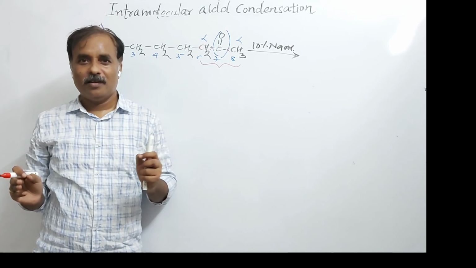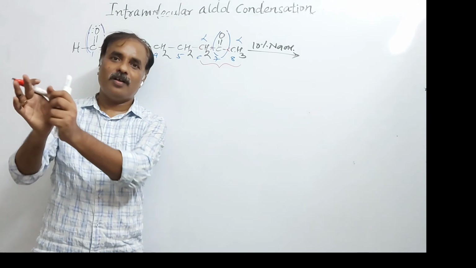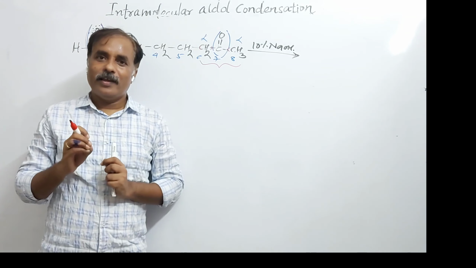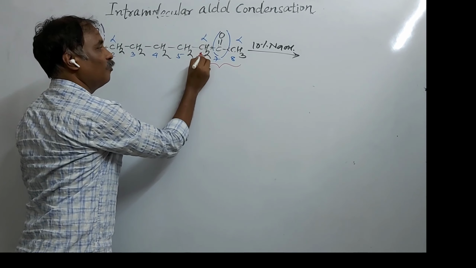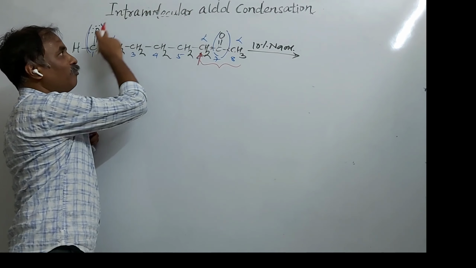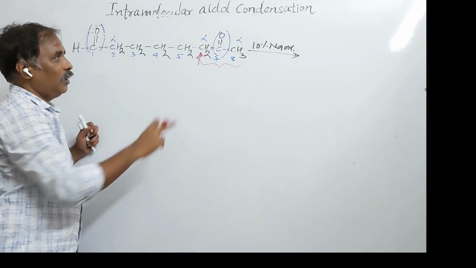And we know that 5-membered ring and 6-membered ring are quite stable compared to 7-membered, 8-membered, etc. So generally, in case of intramolecular aldol condensation, formation of a 5 or 6 membered aldol or ketol ring, whatever it may be, यानी formation of carbanion takes place from this carbon. अगर इससे बनता है तो formation of 8-membered ring. अगर इस कार्बन से carbanion बनता है तो formation of 6-membered ring.